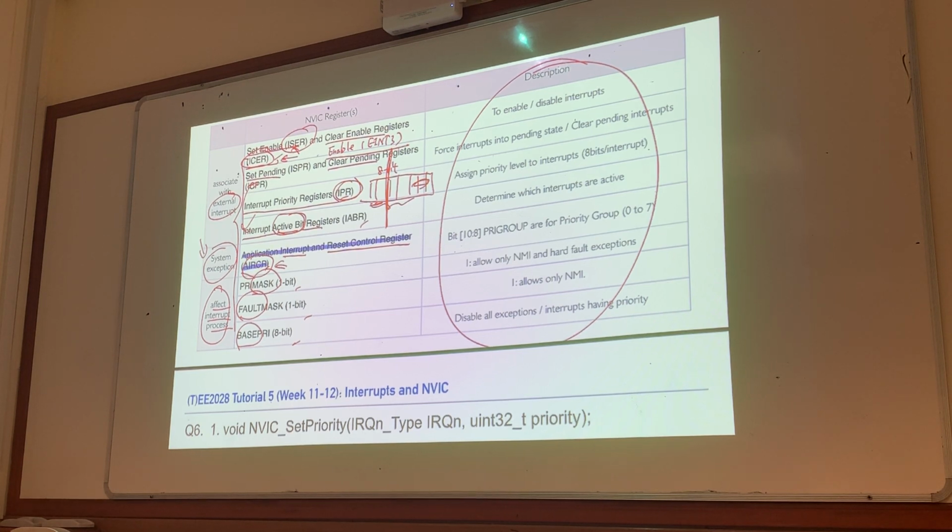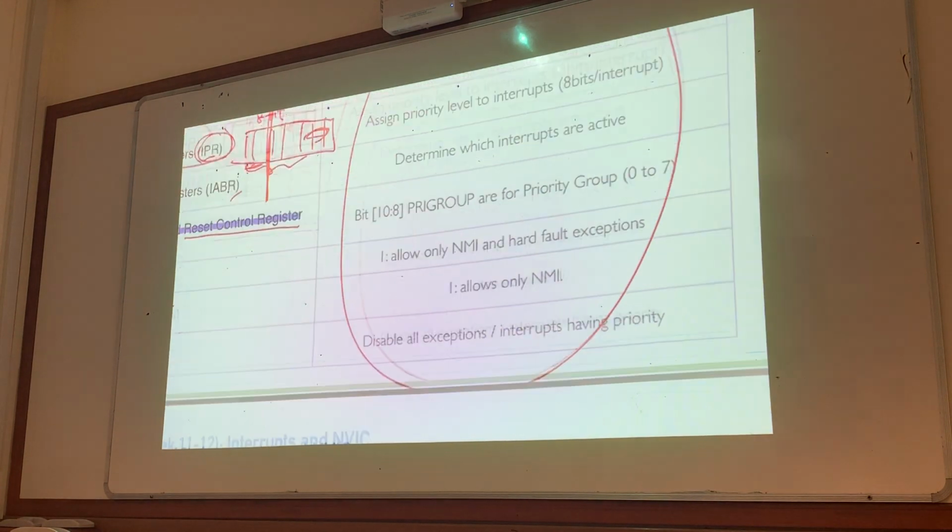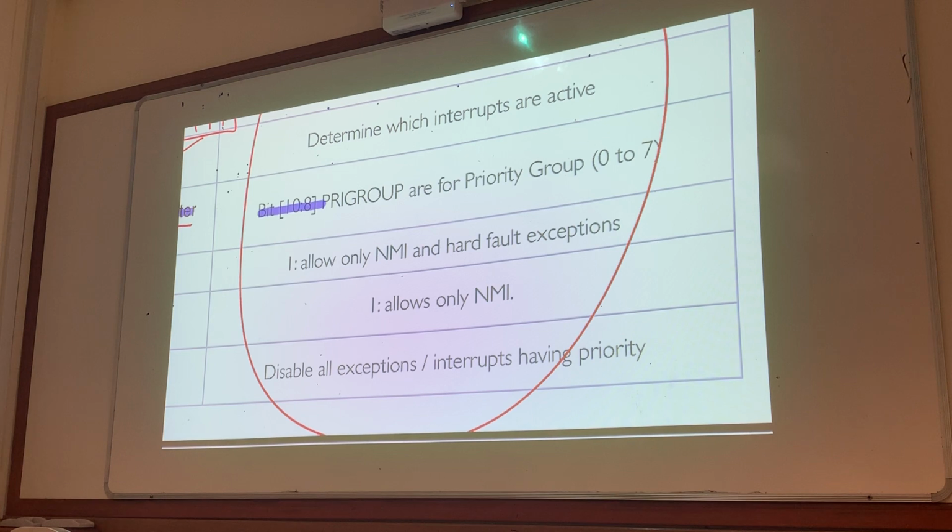Inside your application interrupt and reset control register, bits 10 down to 8 are for your priority group. Remember we use this one, right?